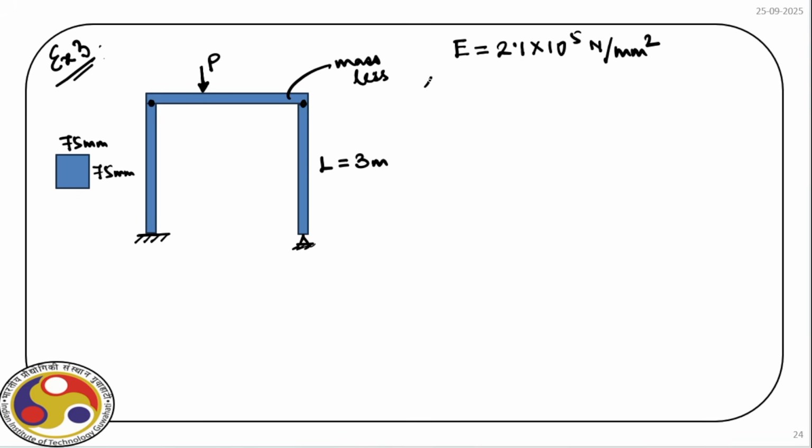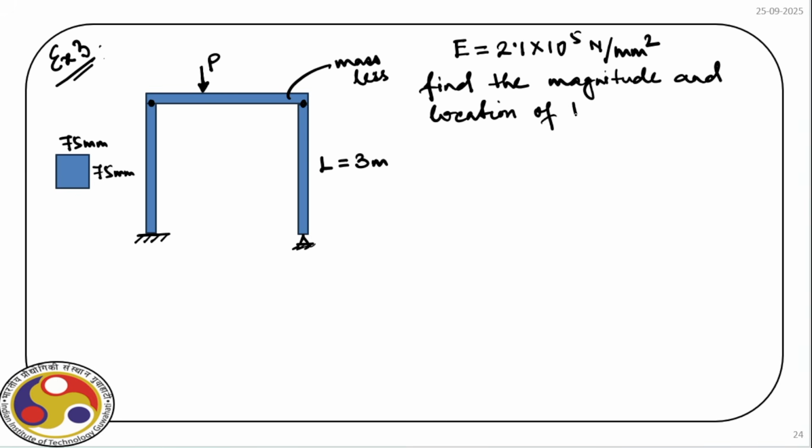So our task is to find the magnitude and location of P corresponding to first critical buckling load.